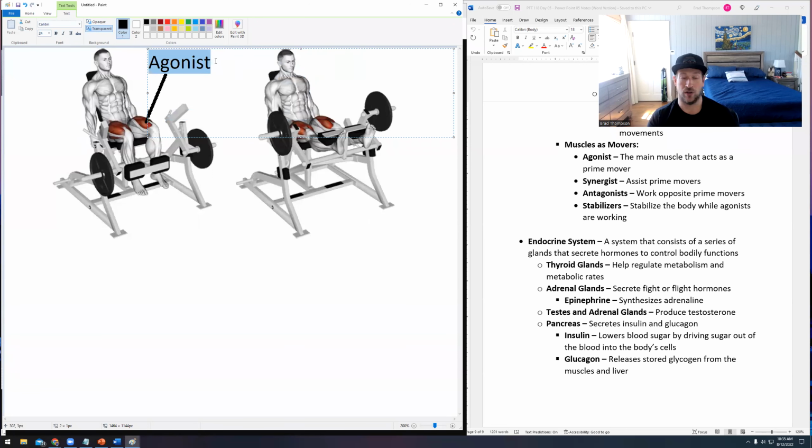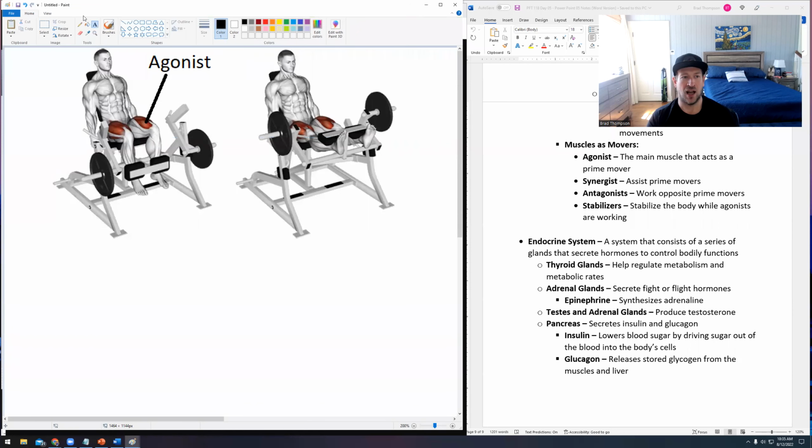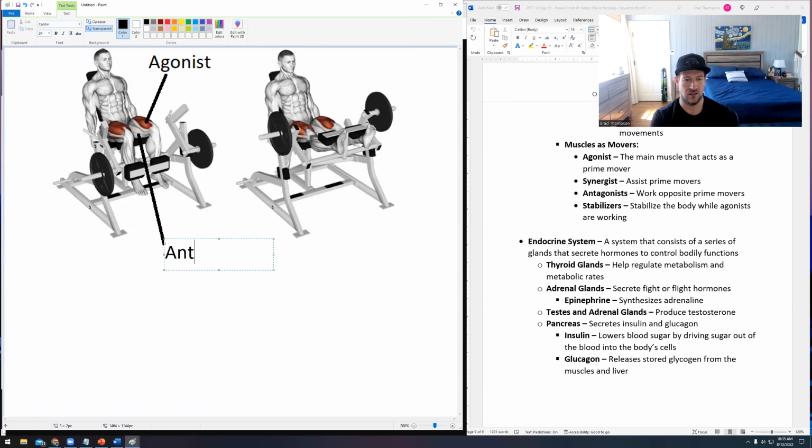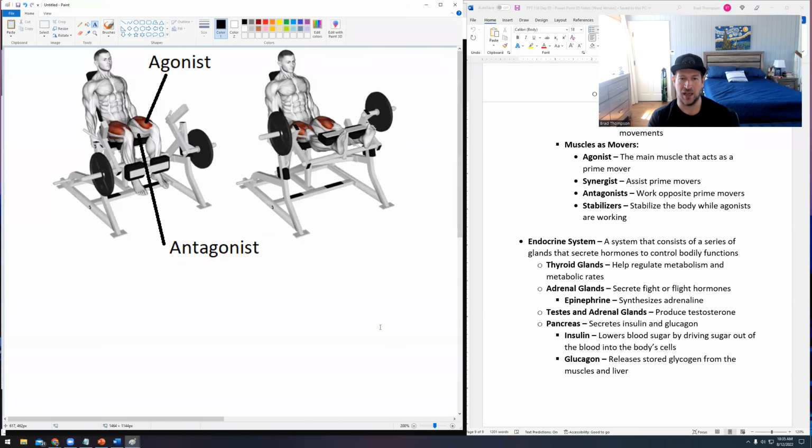Right? Or the prime mover, if you want to call it that. The hamstring on the other side of the joint is an antagonist. So that's there to act as an antagonist. And then this is kind of an isolation movement, so there isn't really a synergist here. But we can say that the hip flexors are a little bit of a synergist.